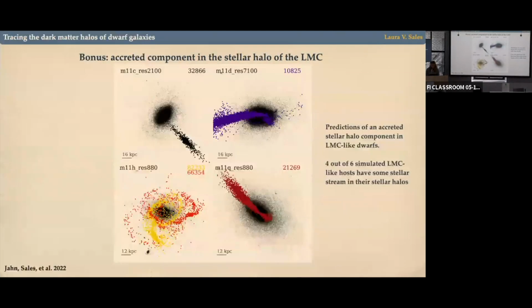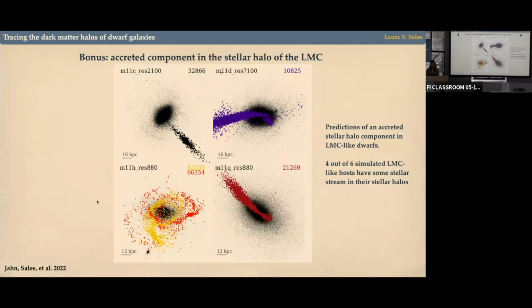A bonus is that some of these dwarfs, actually the ones that were quenched, when looked at in detail, also displayed tidal streams, which means as we peer deeper into LMCs or isolated LMCs in the field, not only will we discover the population of satellites, but we should also find the streams, and with a significant frequency.